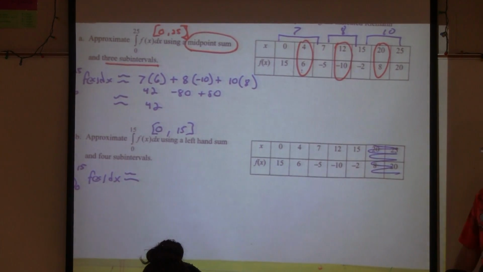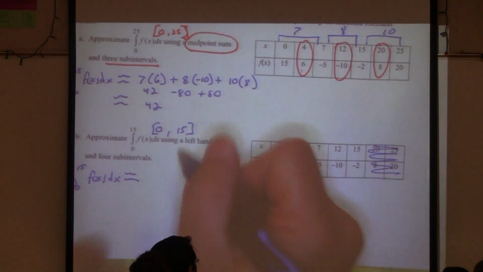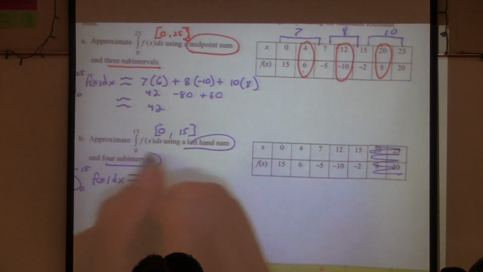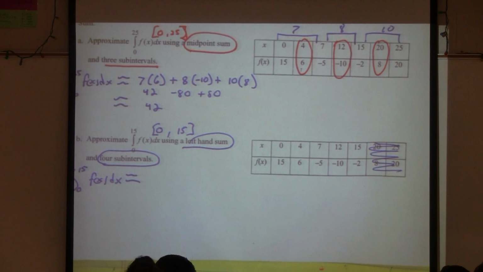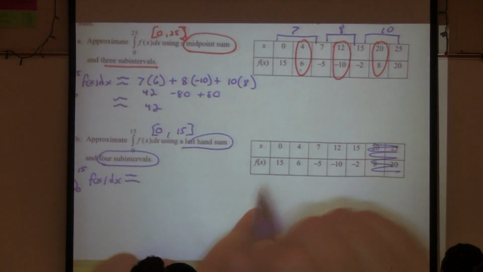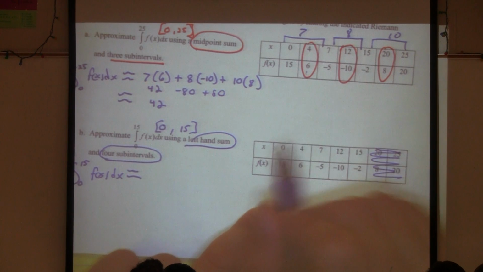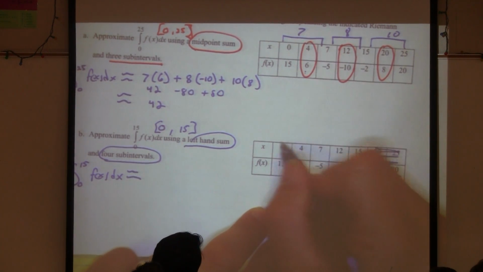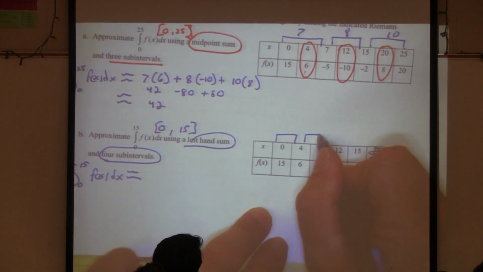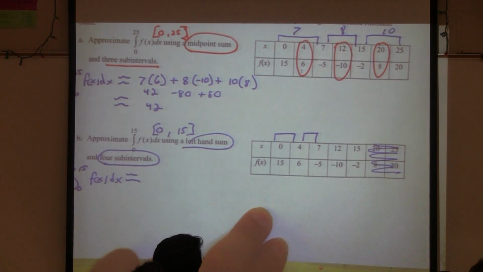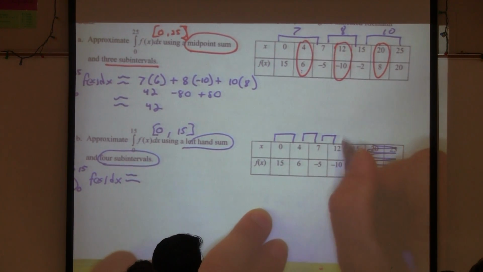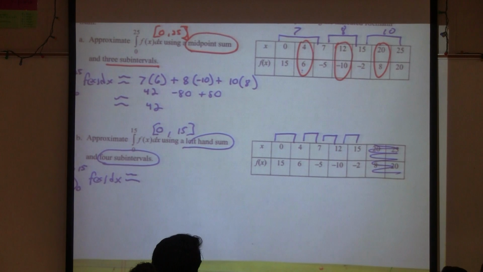And we're doing what kind of a Riemann sum? Left hand, and how many intervals? 4. So how can I make the 4 intervals here? Zero to 4, 4 to 7, 7 to 12, 12 to 15. Do we make 4? Yeah.